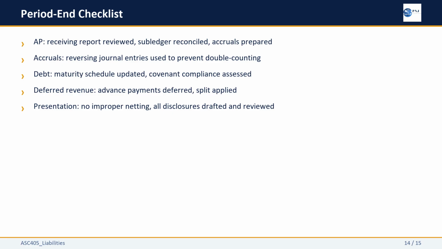For debt, update your maturity schedule, reclassify the current portion, review every covenant, and confirm waiver status on any violation. For deferred revenue, review all advance payments, apply the current and non-current split, and document the performance obligation timeline. Finally, confirm no assets and liabilities are netted without a legal right, and verify all required disclosures are drafted and reviewed before issuance.